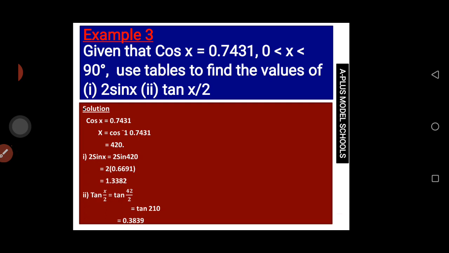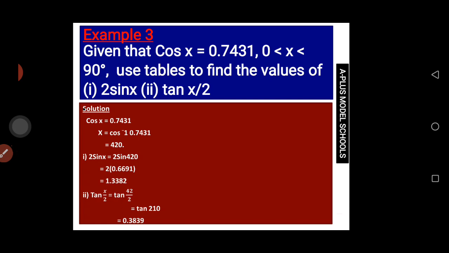0.7431. So here we go to the 4-figure table. We check under the cos of angles. You check the numbers, where can you see 0.7431? When you go under cos 42 degrees, under 0, you will see that you have 0.7431.